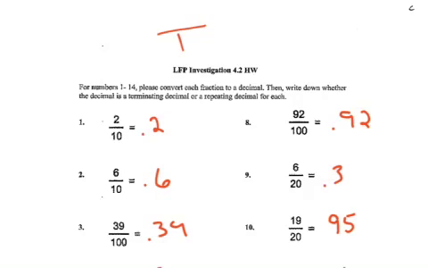There was never an answer that was repeating, and they all stopped. And we'll talk about that starting tomorrow, because if your denominator is a power of 10, or you can make it into a power of 10, you would then know right off the bat that your decimal would be terminating.